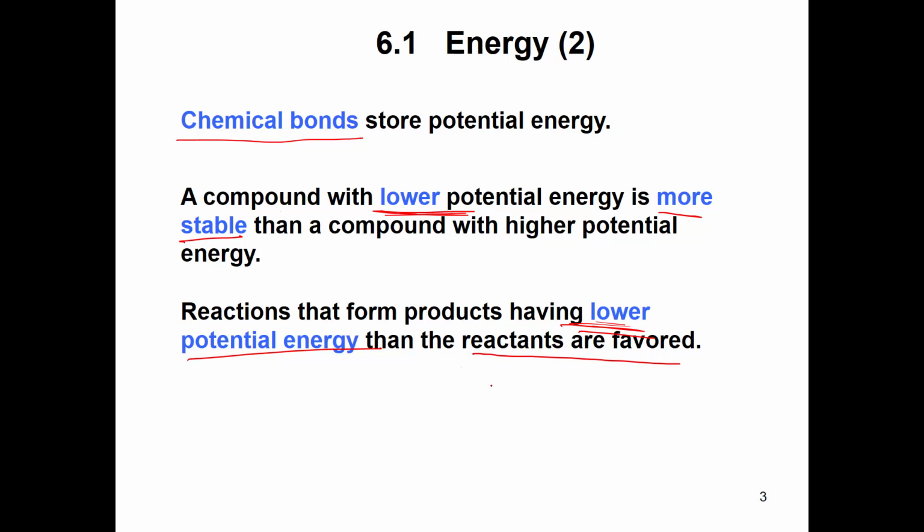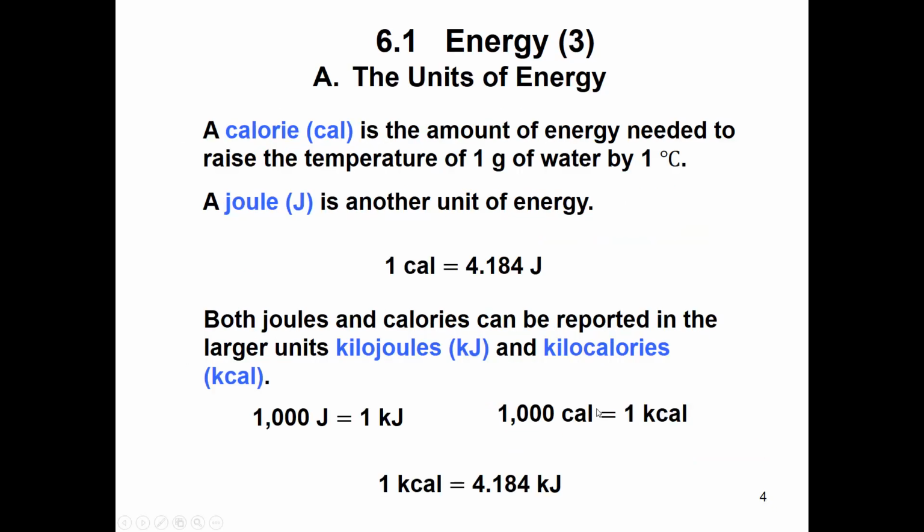So if reactants are going to form products that are lower in energy, then this is going to be favored, or it's likely to happen.